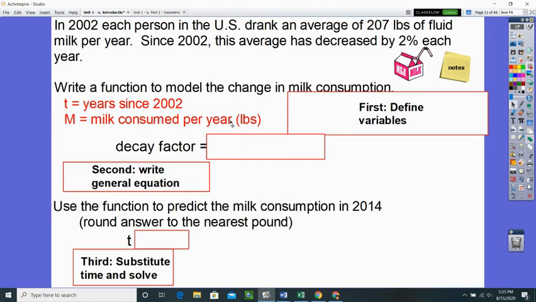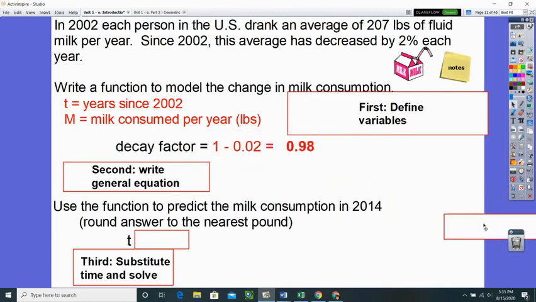So what I'd like you to do right now is just pause for a second and think, what will the decay factor be here? It's a 2% decrease, so 2% is gone and 98% is left, so your decay factor would be 98% or 0.98. Now we're going to write an equation.